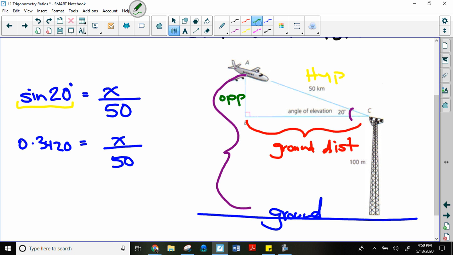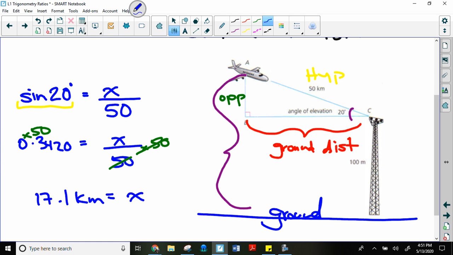Multiply both sides by 50 to get x by itself. So 0.3420 times 50 is 17.1 kilometers.